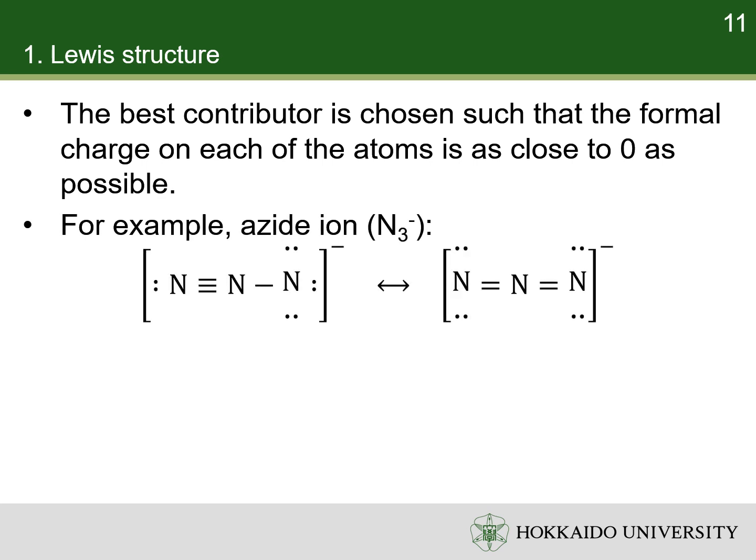In the first contributor, 3 nitrogen atoms have formal charges of 0, 1, and -2, respectively. In the second contributor, 3 nitrogen atoms have formal charges of -1, 1, and -1, respectively. So, the second contributor is better because the highest absolute value of formal charge is closer to 0. It is called a major contributor, while the first contributor is a minor contributor.